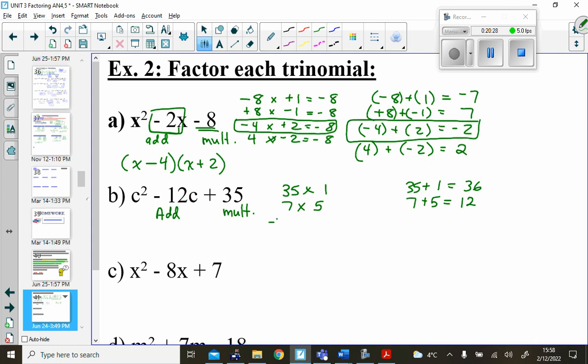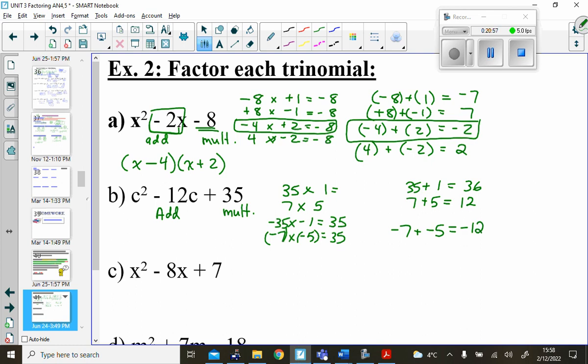So what if we thought about negative 35 times negative 1? This also multiplies to positive 35 because two negatives multiplied together makes a positive. And negative 7 times negative 5 is also positive 35. And if we look at that, negative 7 plus negative 5 is actually negative 12.